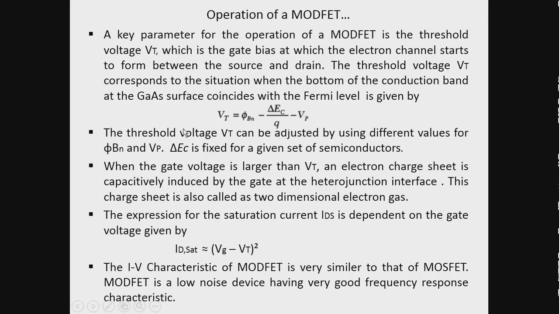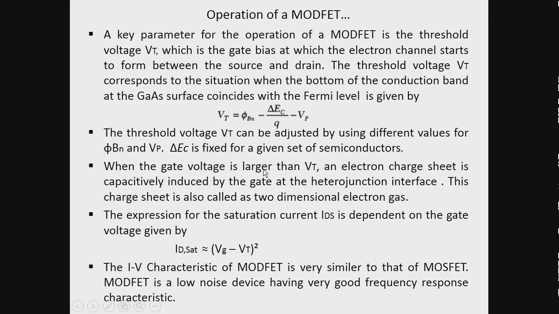The threshold voltage Vt can be adjusted by using different values for φBn and Vp. Delta Ec is fixed for a given set of semiconductors. So we can adjust Vt by changing the values of φBn and Vp.